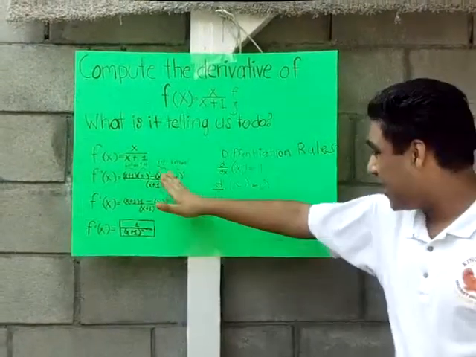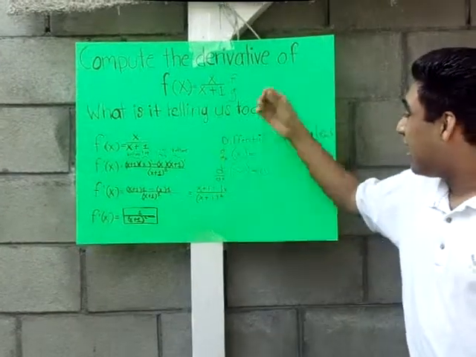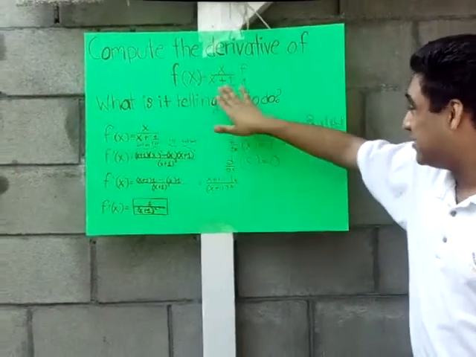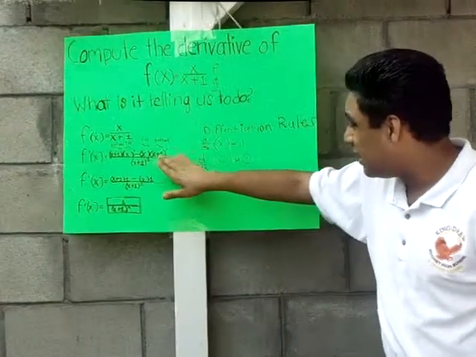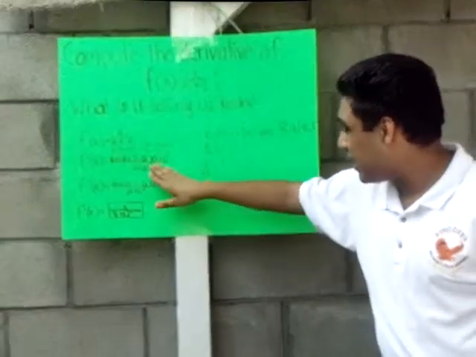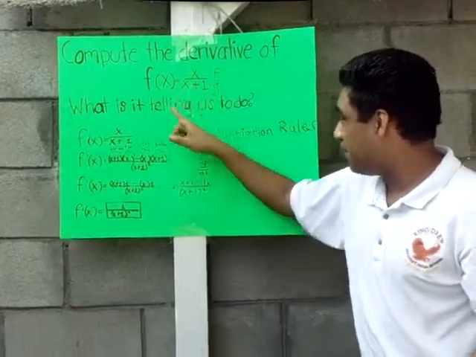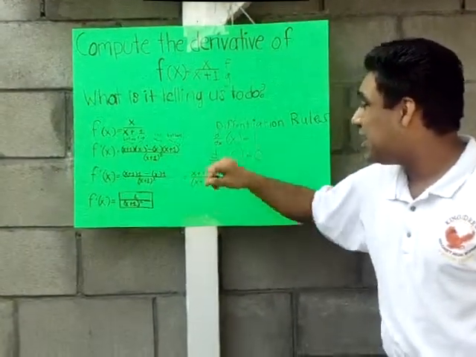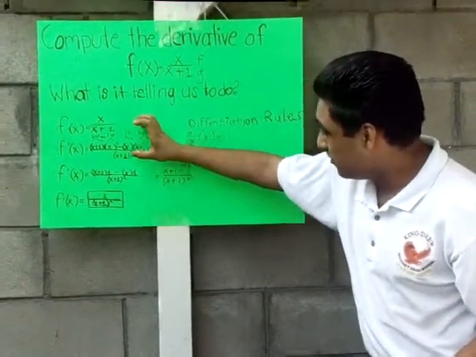Minus x, which is the top, times the derivative of g, x plus 1, over the bottom, x plus 1 squared. The top is always f and the bottom is g. Now, we go down.